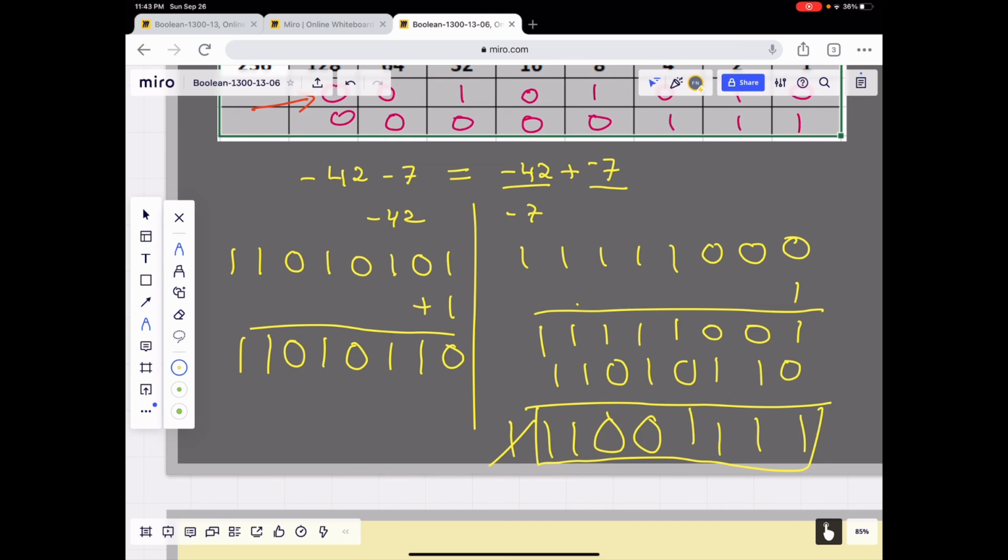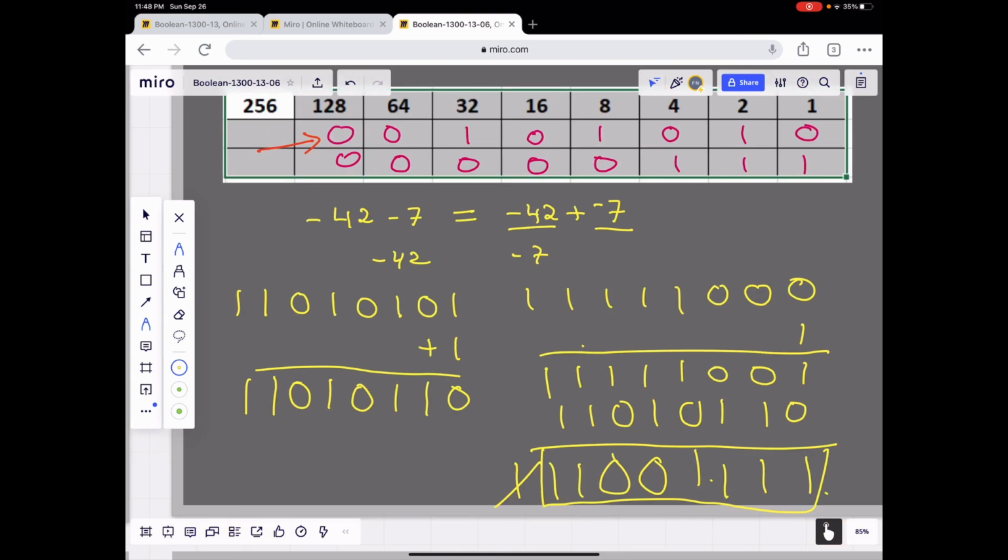And the first bit is a negative again. You got 1, 1, 0, 0, 1, 1, 1. It means negative 128 plus 64 and plus 15. So 64 and 15 equal 79.